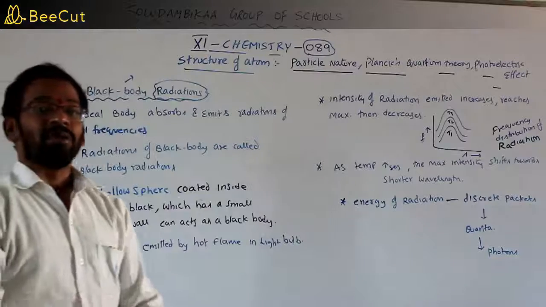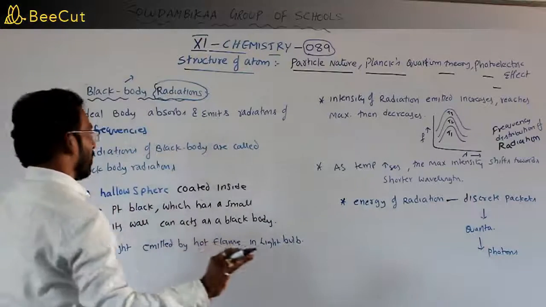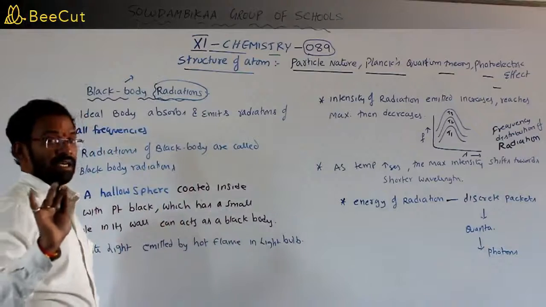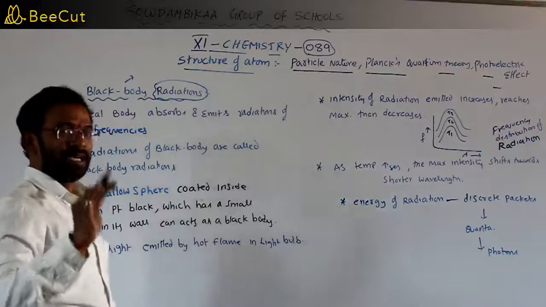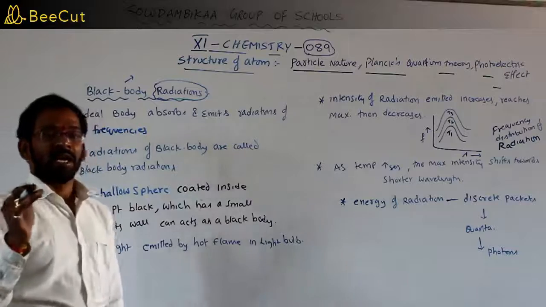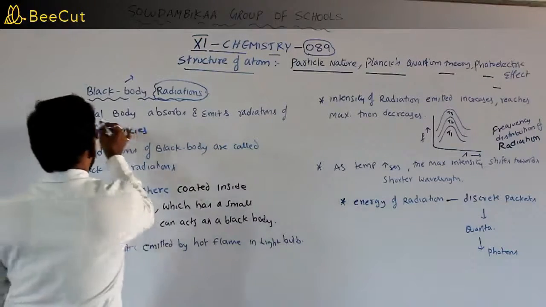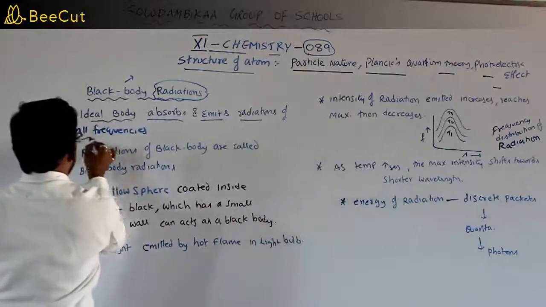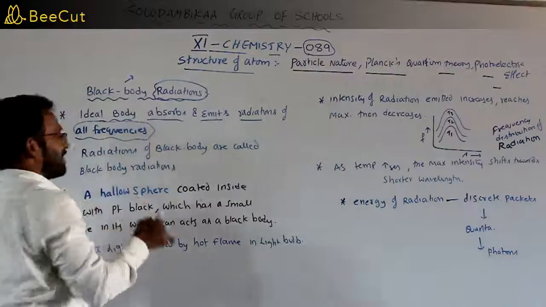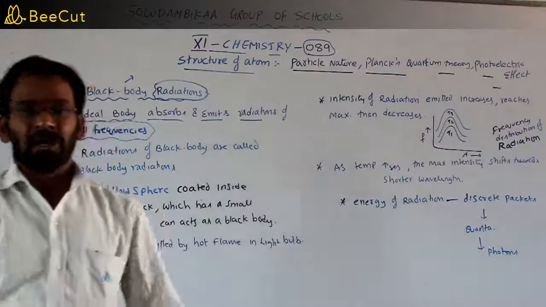Then what is a black body? It does not mean a black colored body. Black body means an ideal substance or ideal thing that can emit and absorb all types of frequencies of radiations. An ideal body which absorbs and emits radiations of all frequencies is called a black body.